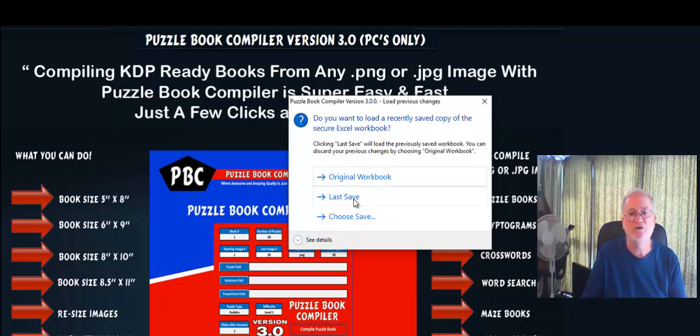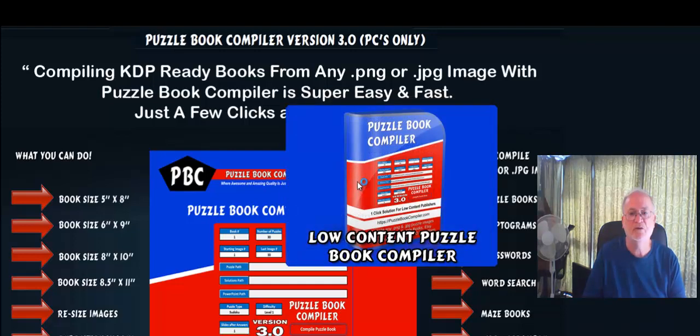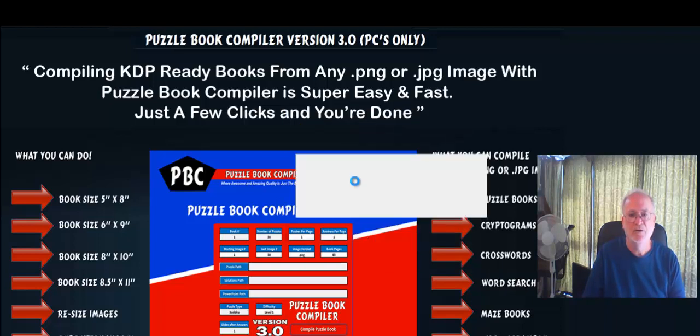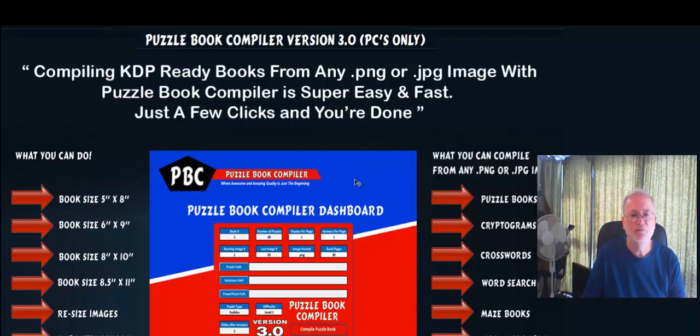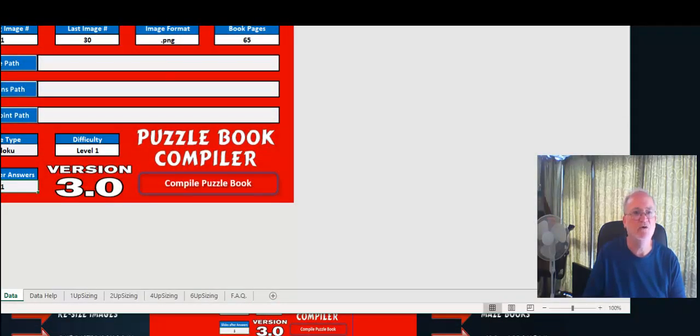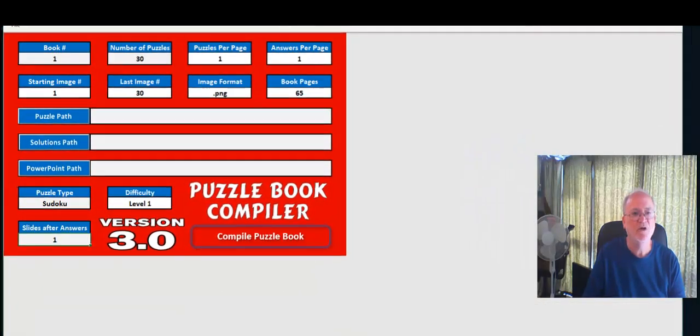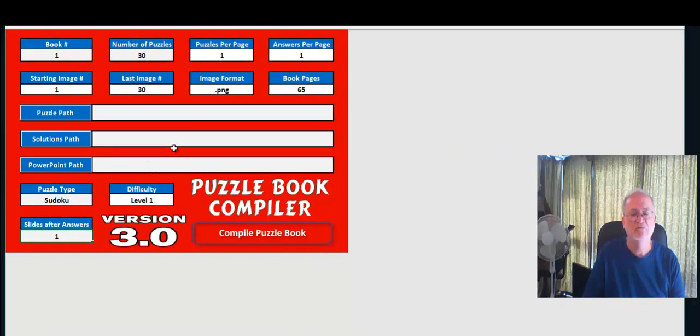You can save all those as a template and then reopen it. Okay, so I'm just going to go back to opening up the natural workbook, and it should, in theory, be empty. It should be blank, which it is. So this allows you to start doing whatever you want to do with other puzzles.